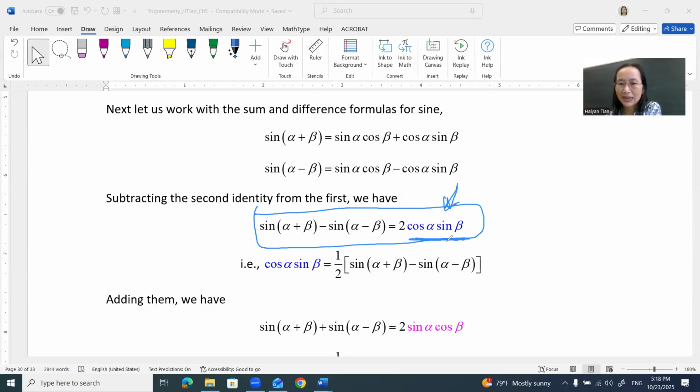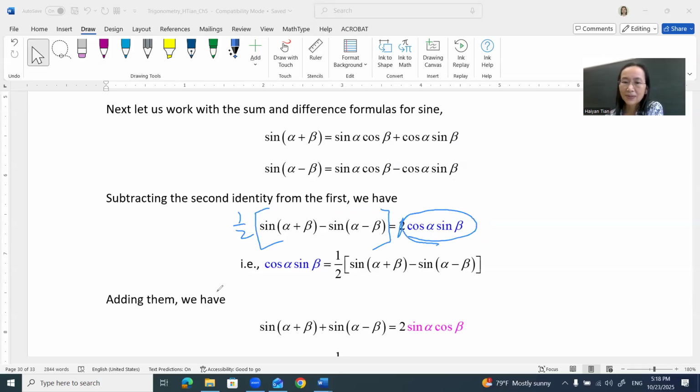So let's put that on the left side. And after you divide by two, on both sides of the equation, you can get this product, which is cosine alpha sine beta, is half of this, the difference of two functions.